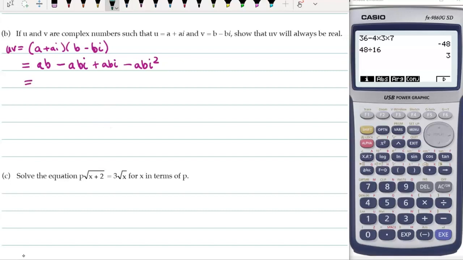So the two abi's cancel because it's a minus and a plus. We're left with ab. The i squared becomes minus 1, so it's plus ab. So that is 2ab, which has no imaginary parts, therefore it is real.